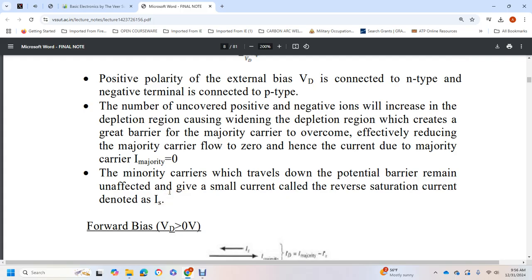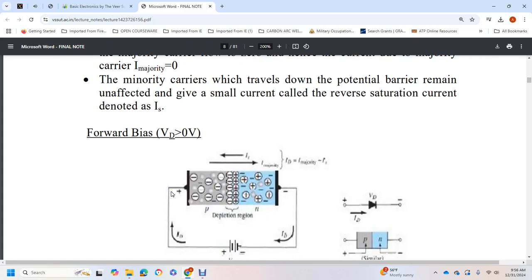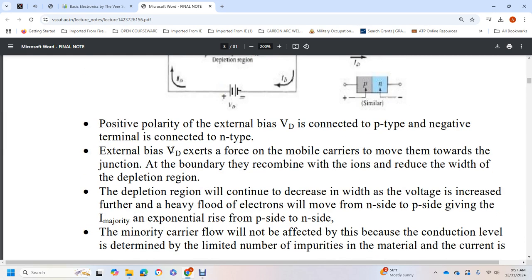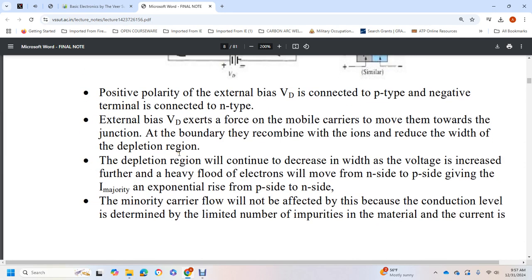Forward bias: diode voltage is greater than 0 volts. The positive polarity of the external voltage is connected to the P-type and the negative terminal is connected to the N-type. The external bias exerts a force on the mobile charges to move toward the junction, where they recombine with the ions, reducing the width of the depletion region.